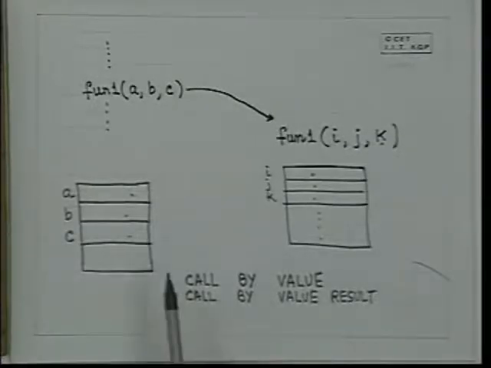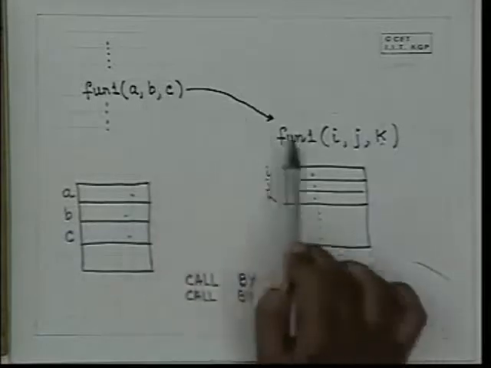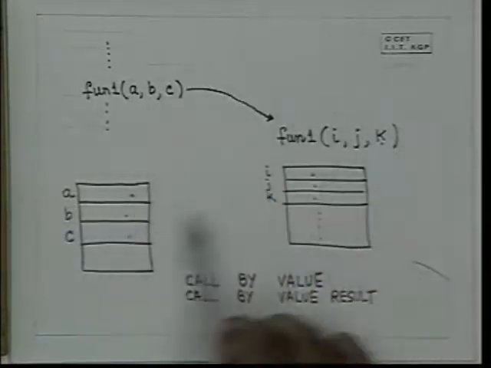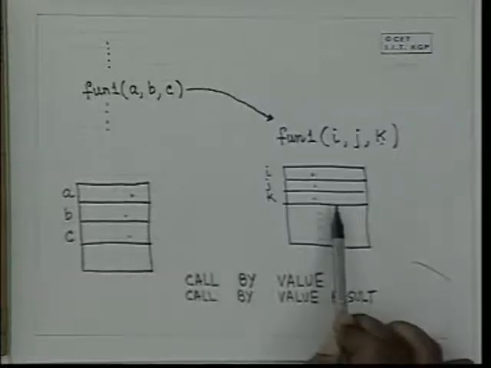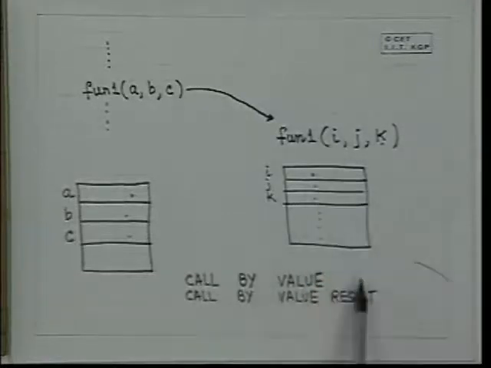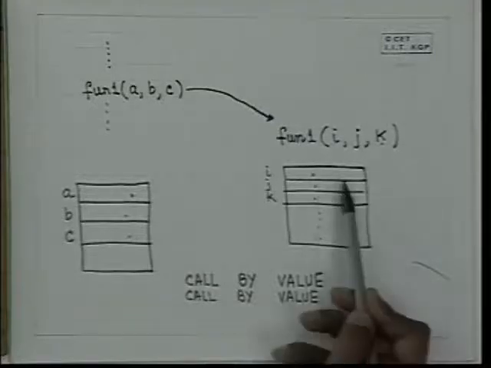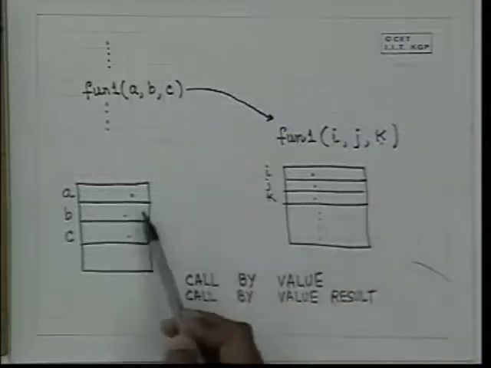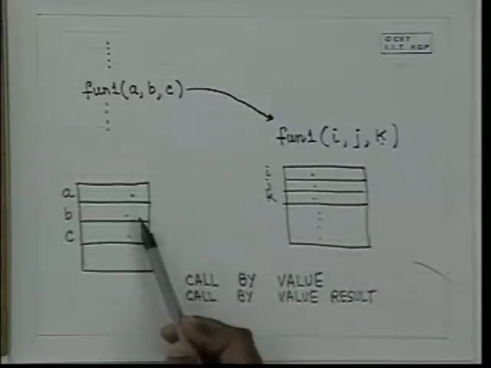What this does is, when the function is called, it copies the arguments, executes this function, and after the execution, before deallocation, it copies the new values back. So that is called call by value result.